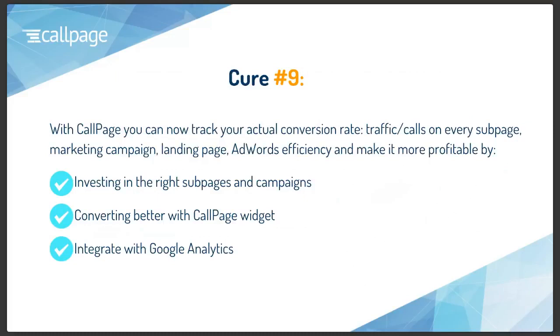Also, you can integrate it with Google Analytics, so you can have more specified statistics. And good news, because we are releasing CallPage 3.0 really soon, and we have a new feature there, because you have a possibility to put CallPage form in your AdWords. So I think it could be interesting for a lot of people here.